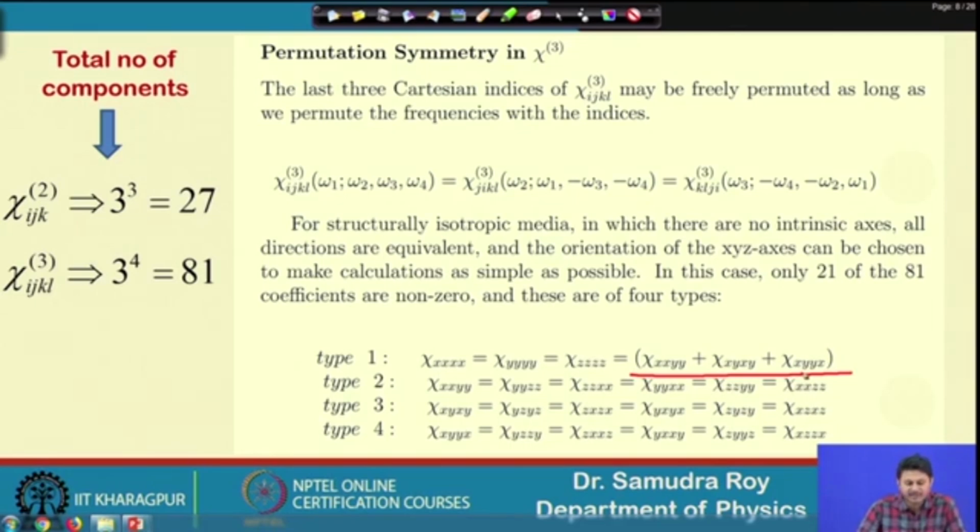This kind of symmetry is possible in chi3. You just remember that it looks like it should have 81 different components, but because of the application of the symmetry or the material symmetry, we can reduce this radically and eventually have 1 to 2 components which are non-vanishing or distinct.